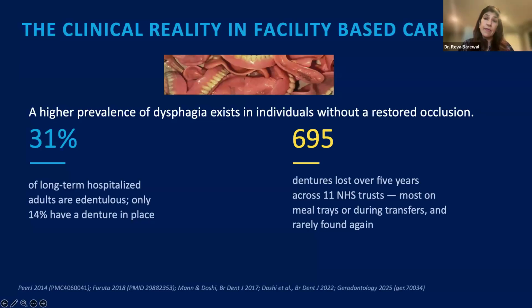Only 31% are edentulous, but only 14% have a denture in place. And another study showed that 695 dentures were lost over 5 years. The way they get lost is they're left on the meal trays. And so what you experience, the very moment that it matters the most, is that the prosthesis might be absent for the modified barium swallow.